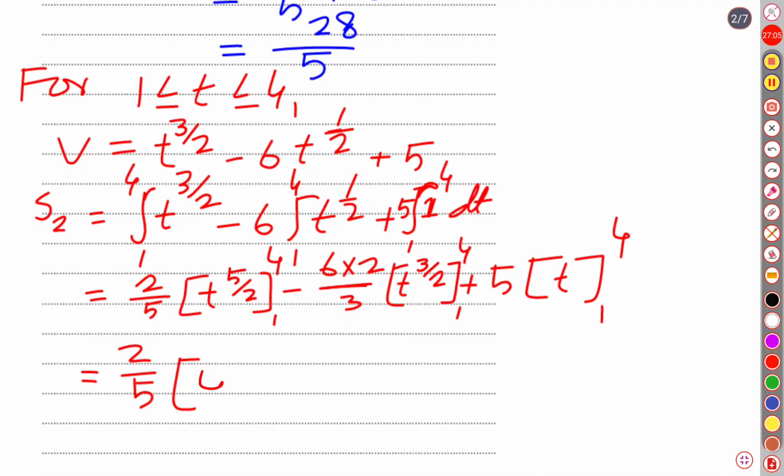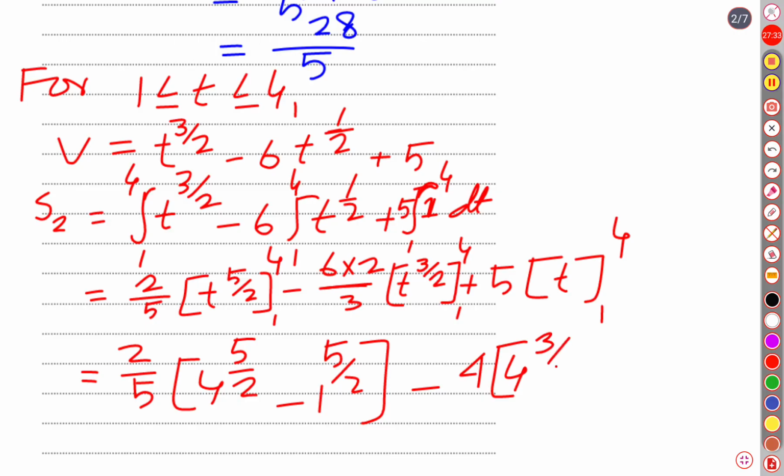So it is 4 raised to 5 over 2 minus 1 raised to 5 over 2, minus, it is going to be 3 2s are 6, 2 6s are 12, means it is going to be 4, and t raised to 4 raised to 3 over 2 minus 1 raised to 3 over 2, plus 5.